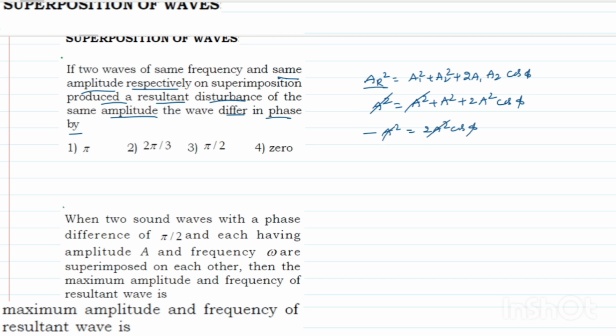A square gets cancelled, minus 1 by 2 equals cos phi. Cos phi value is minus 1 by 2, in the sense cos phi equals cos 2 pi by 3, and here cos inverse gives the phase value as 2 pi by 3. So 2 pi by 3 is the correct answer.